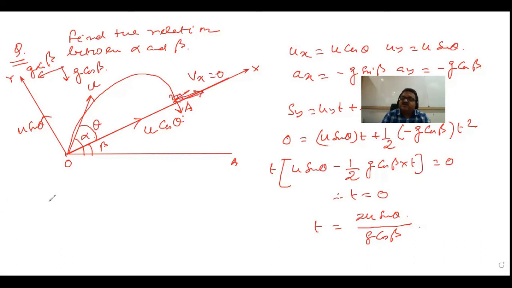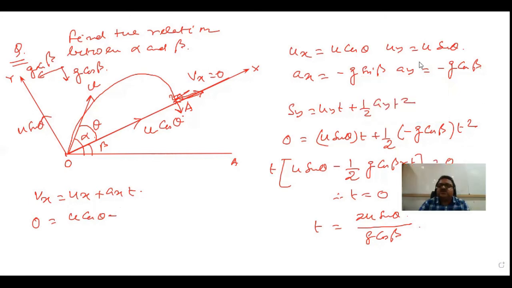So now I'm using horizontal motion. Vx equal to ux plus ax into t. What is Vx? 0. What is ux? That is u cos theta, positive, plus ax. Ax means what? Minus g sin beta into t.